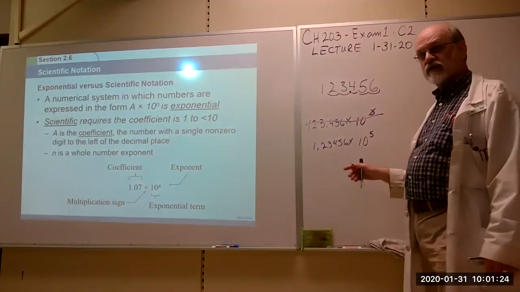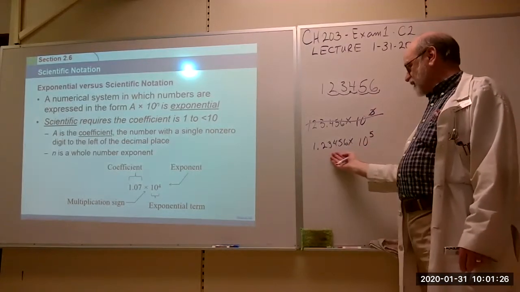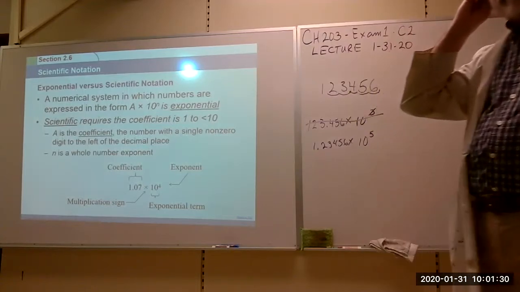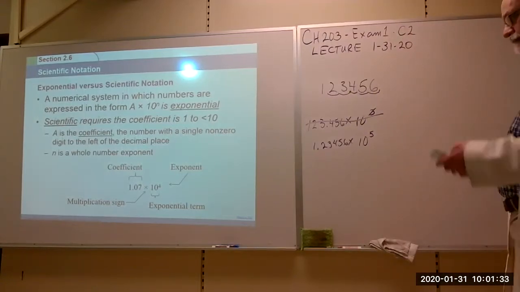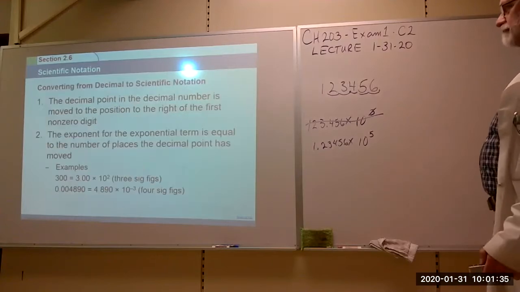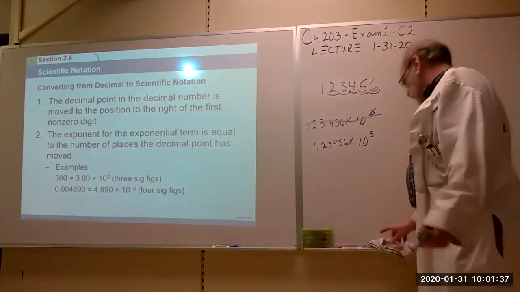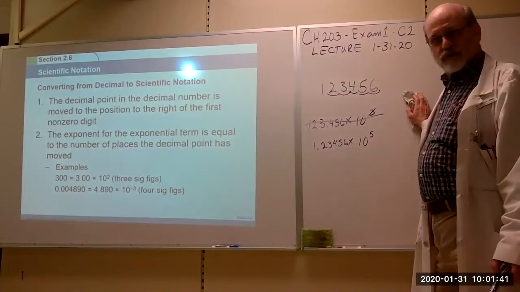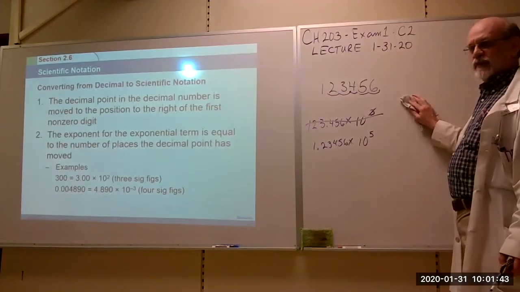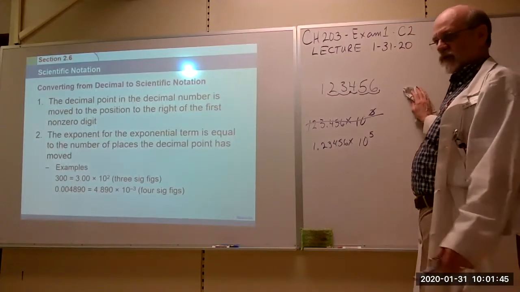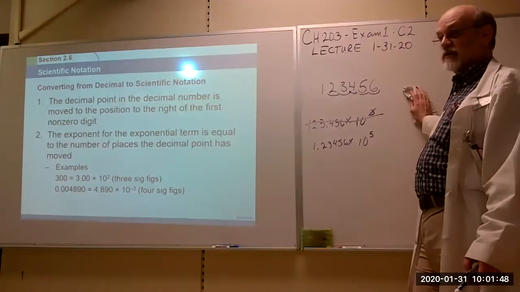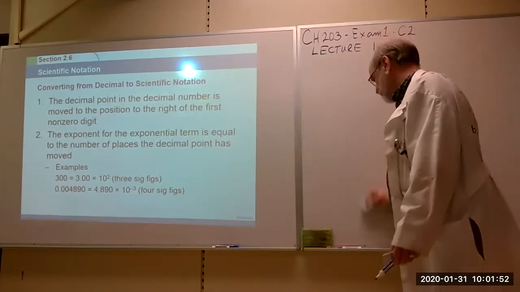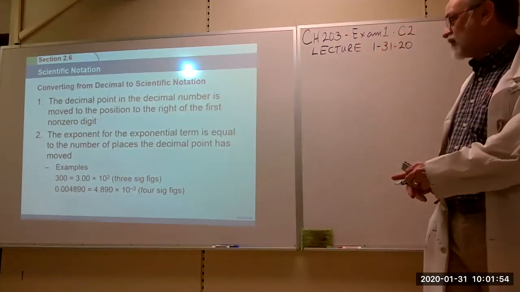Right. Significant figures are retained in the coefficient. A lot of people, educated people, book authors, equate exponential and scientific notation, but they're not equal. Scientific is a special case. So we're going to be using scientific notation.